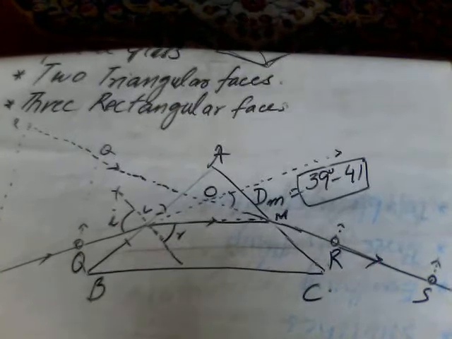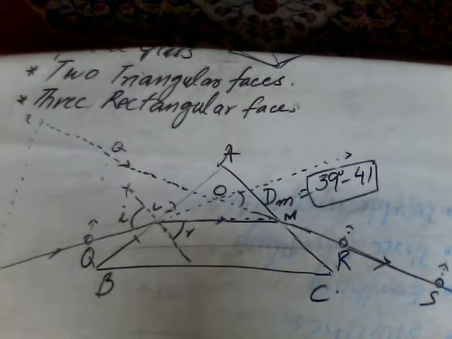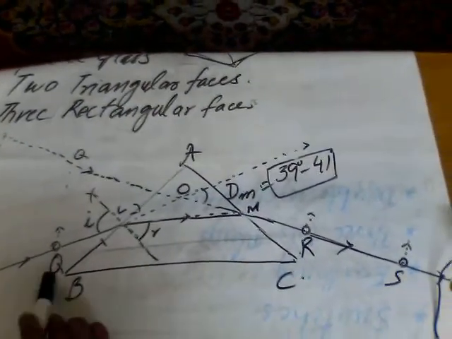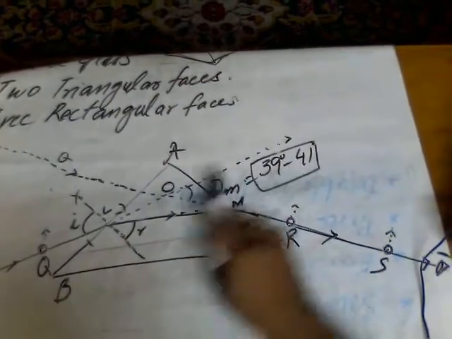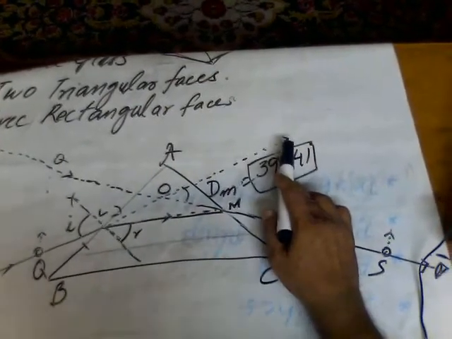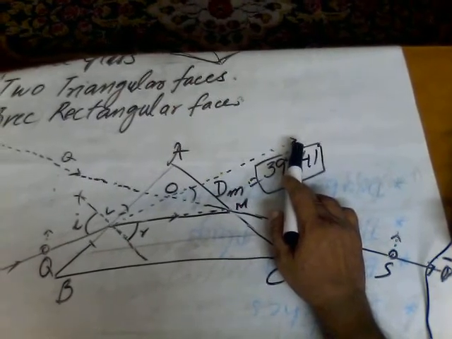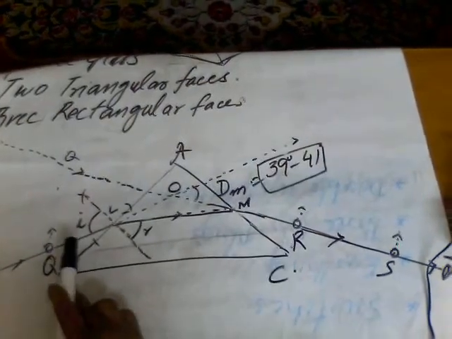Moreover, one question is asked to measure the angle of deviation. Light should go straight P, Q, O up to here, straight. But it deviates. Deviate means it changes its path.